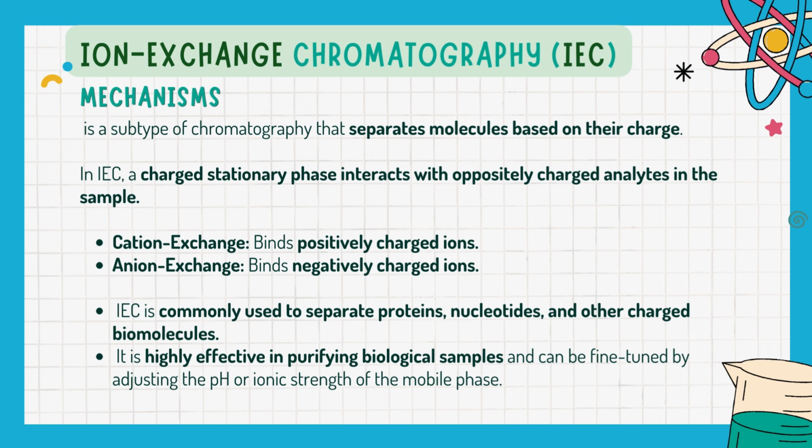Here we have a cation exchanger, which binds positively charged ions, and the anion exchanger can bind to negatively charged ions. Later, there's a diagram for that. Commonly, IEC is utilized for protein separation, nucleotide separation, and other biomolecules, and it is really effective in purifying biological samples. So that's IEC: separation of molecules based on their charge.